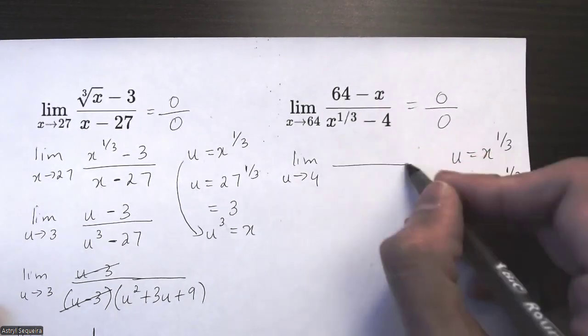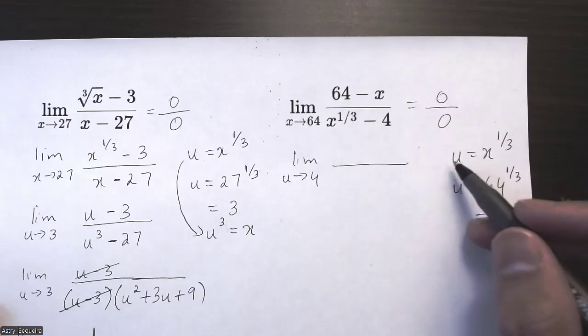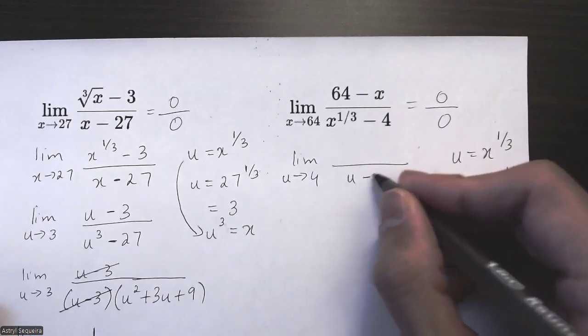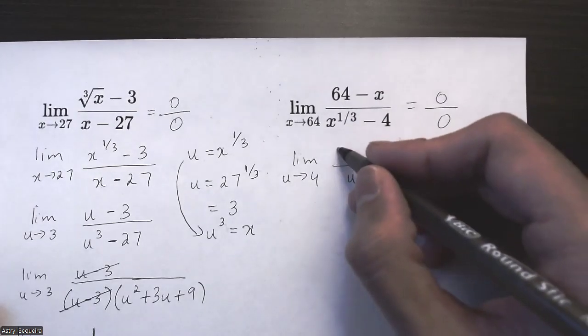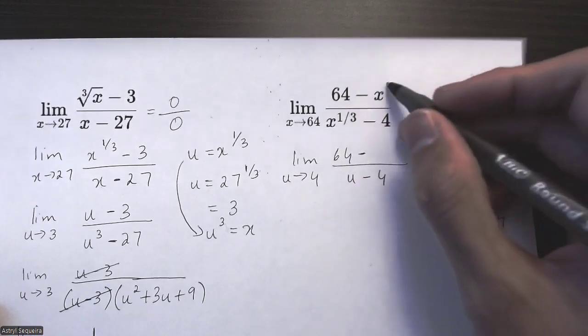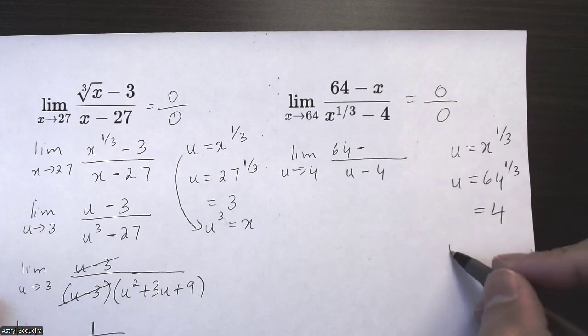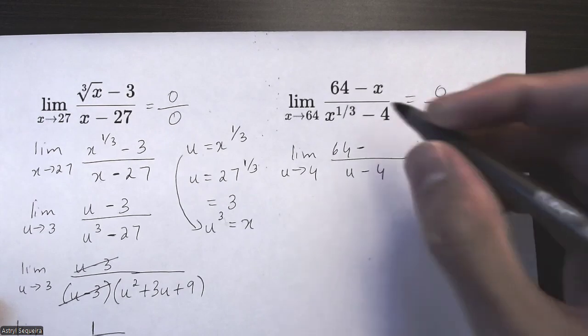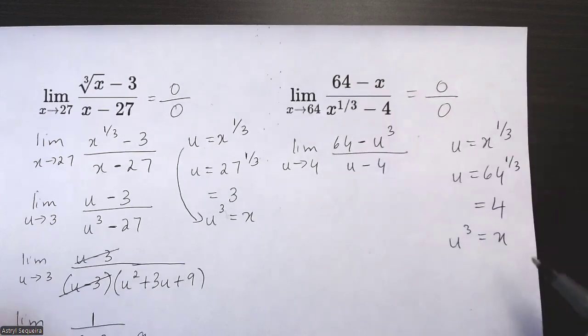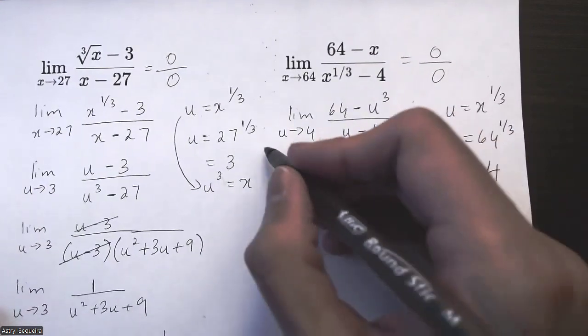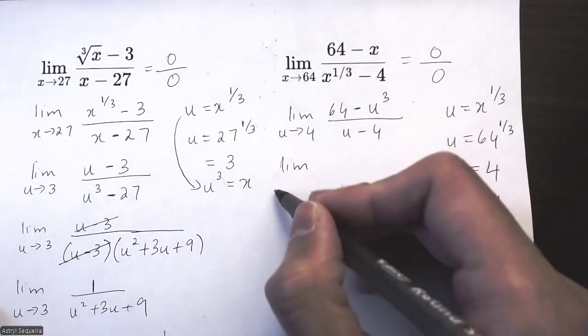And then I know that in the bottom, I can replace x to the power of 1 over 3 with u. So I have u minus 4. In the top, I have 64 minus, I need to figure out my x. If I isolate my x there, move that to the other side, it's u cubed equals x. So u cubed, so there's my first step there. Substitution is complete.